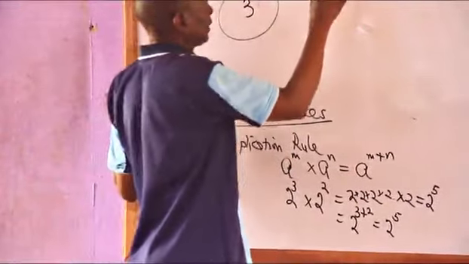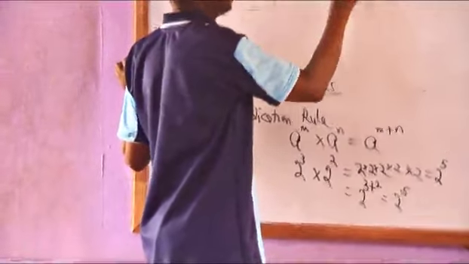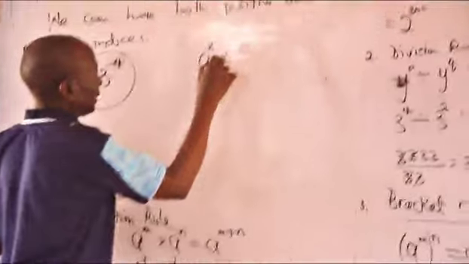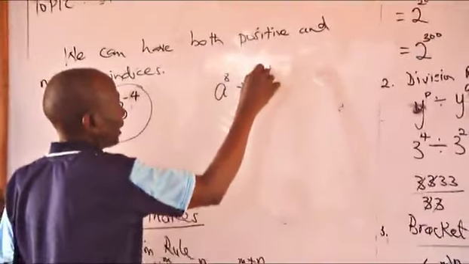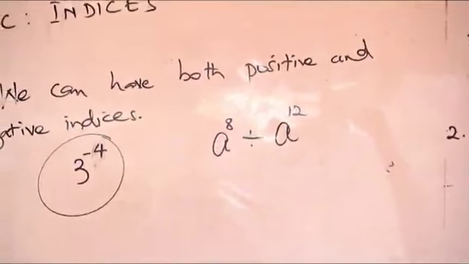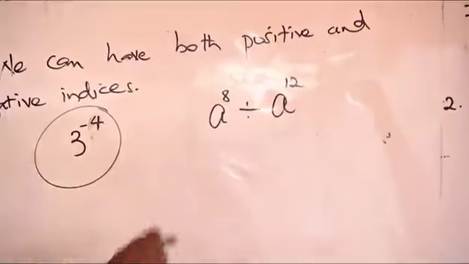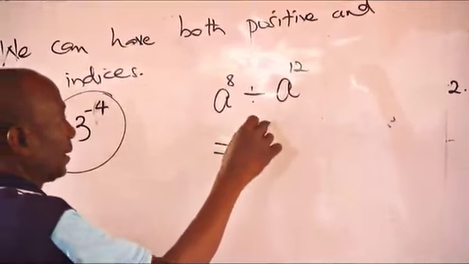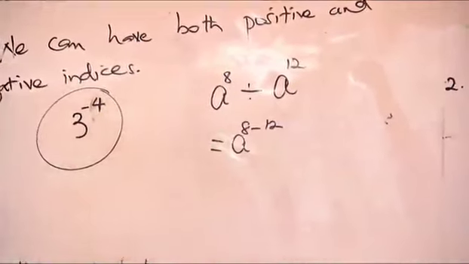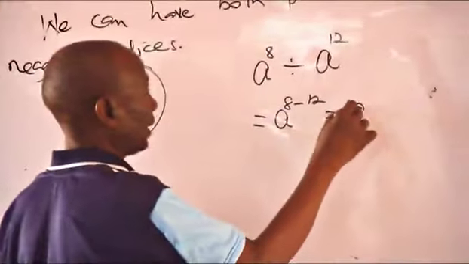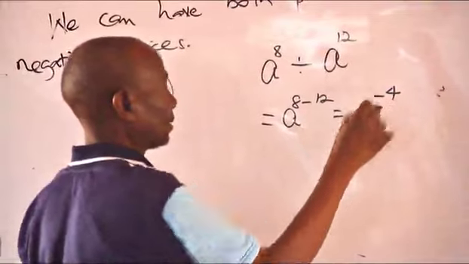I have something like a raised to power 8 divided by a raised to power 12. From the division rule, I'm going to have a raised to 8 minus 12. We have to subtract the powers. So it's going to give me a raised to minus 4.